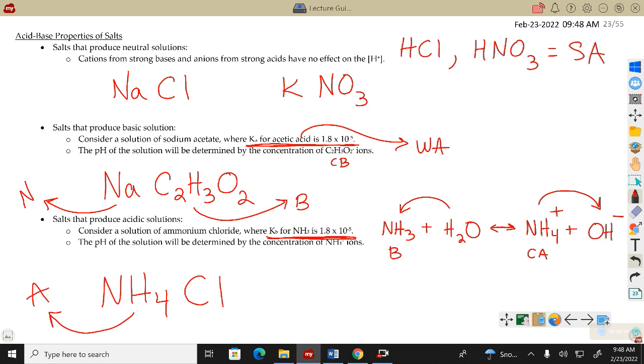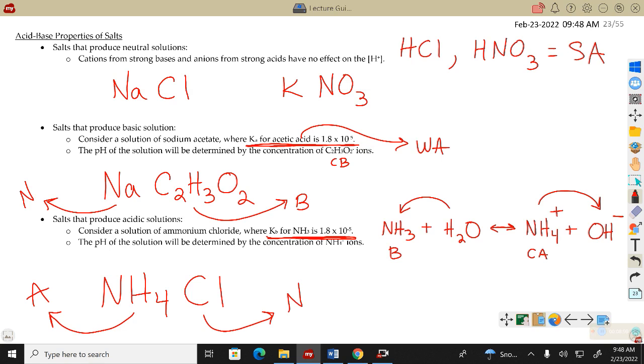Then it's bonded with chlorine, and we said earlier, chlorine comes from HCl. So could chlorine react with hydrogen and remove it from the solution? Probably not. If it did, it would form a strong acid and it would ionize immediately. So the chlorine is totally neutral. But now I've got one ion that's acidic, and so my final solution is slightly acidic.